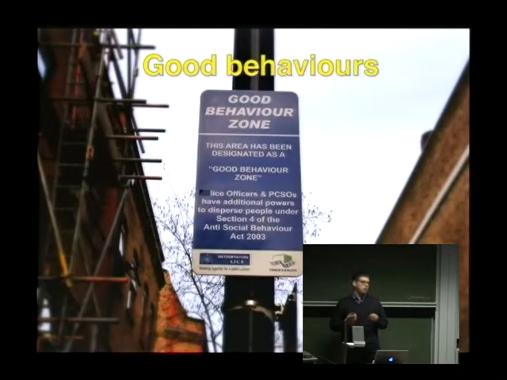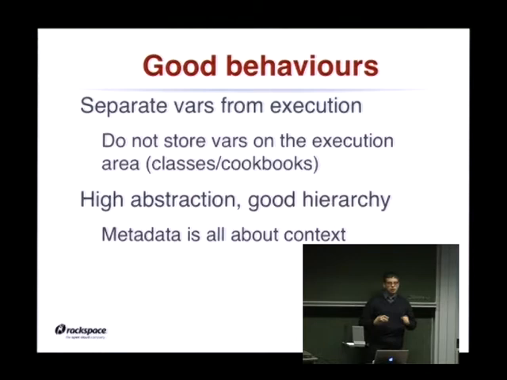So what are the good behaviors that we have? Because as there are bad behaviors, there are always good behaviors, right? For me, the most important behavior is to separate variables from execution, right? Because your variables and your metadata are your brain, whereas the execution and the definitions are your muscle. So you shouldn't be merging your brain with your muscle, because that always creates trouble.